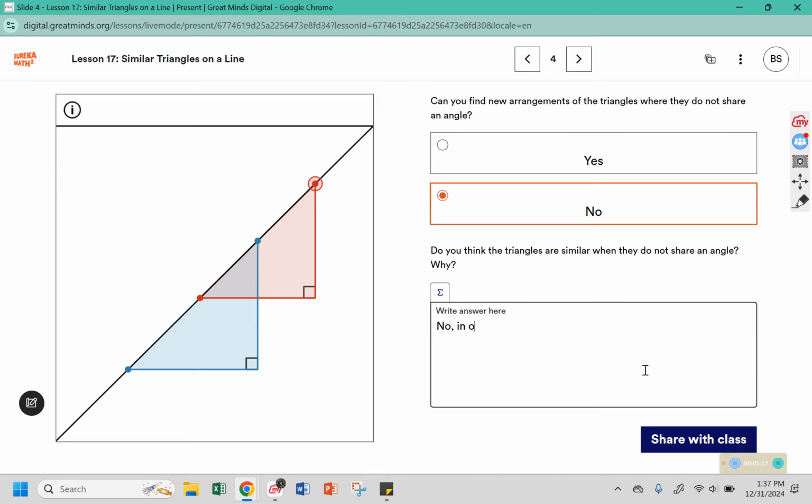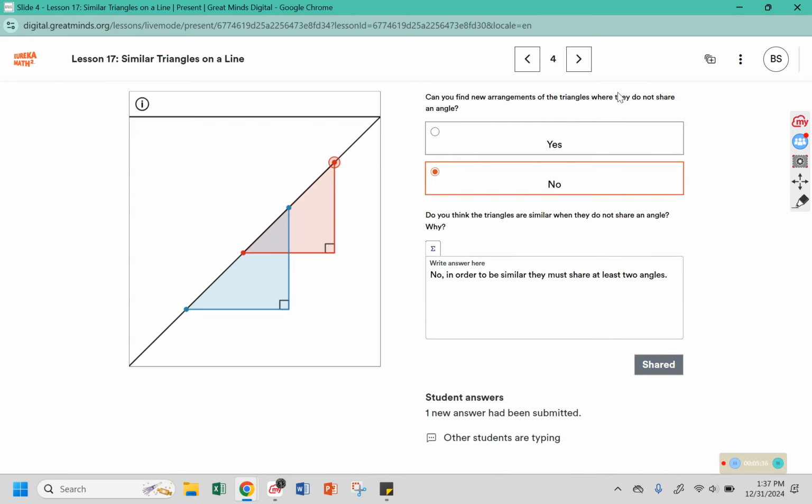No. In order to be similar, they must share at least two angles, because then the third one will be equal as well. That's the AA criterion.